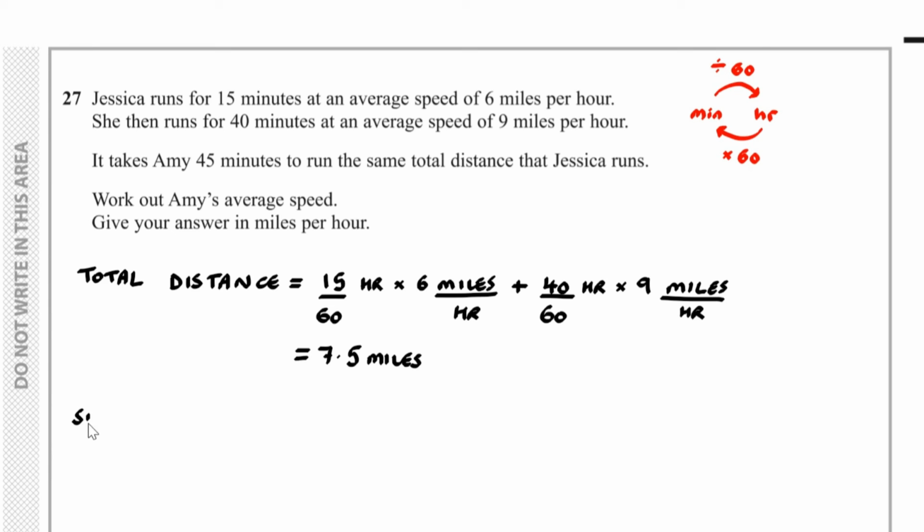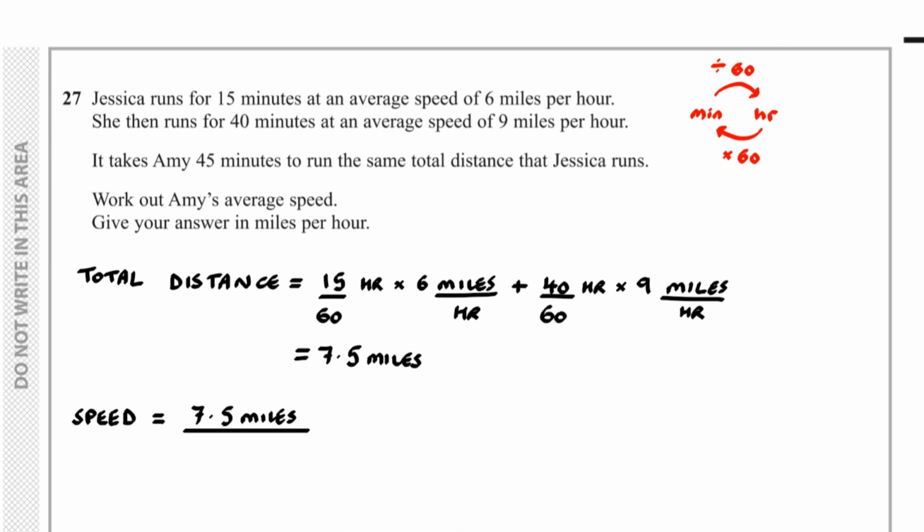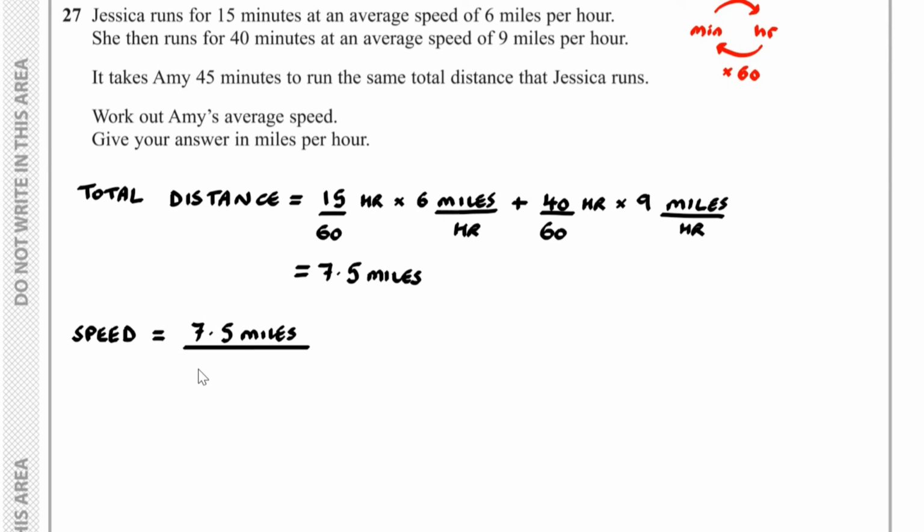So for her average speed, I've got the total distance, 7.5 miles, and then I'm going to divide this by the time, 45 over 60 hours.